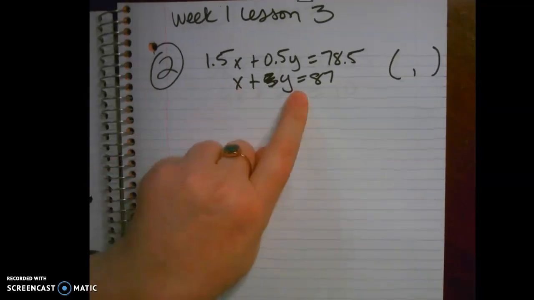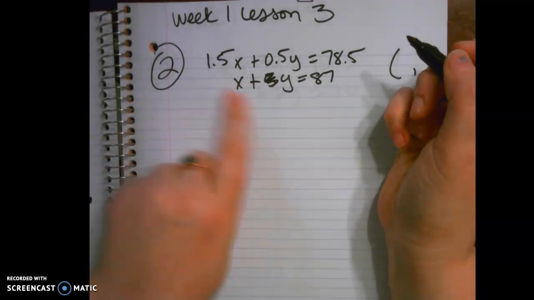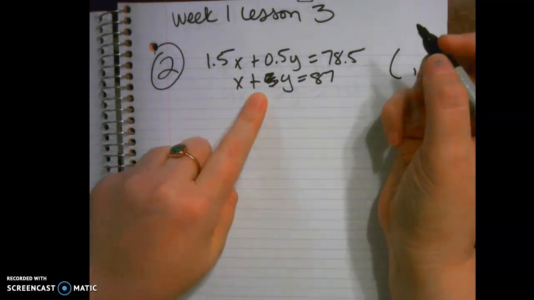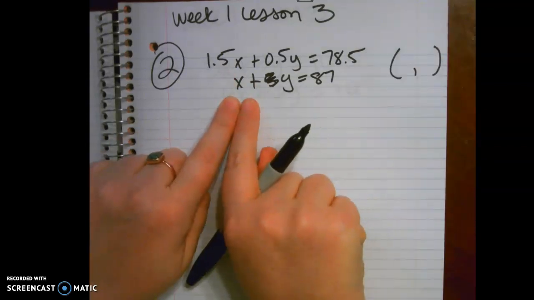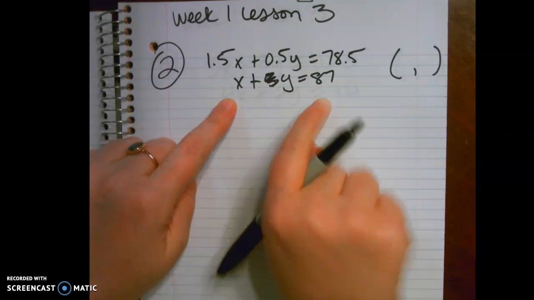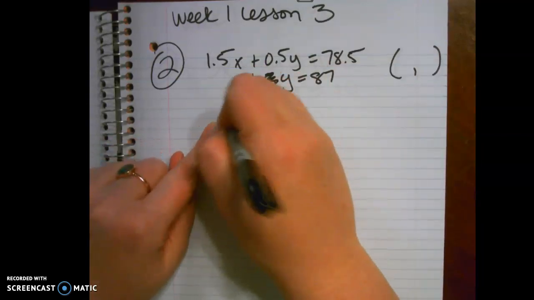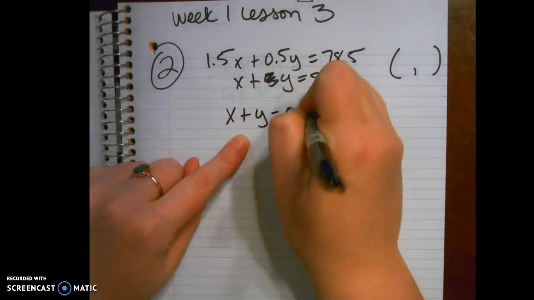Okay, so this one here, it's not ready yet, but it doesn't take much to get it ready. So here, let's look. Let's solve for x. So in order to solve for x, I'm just going to subtract off y. So x plus y equals 87.